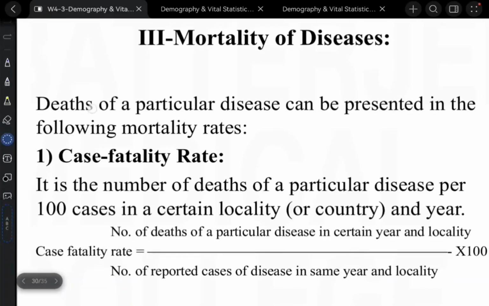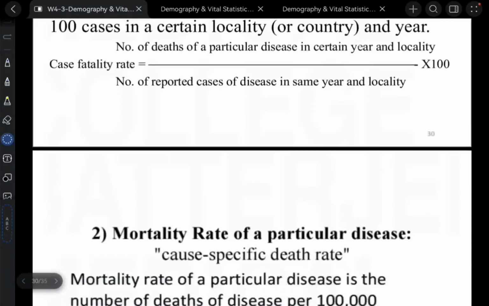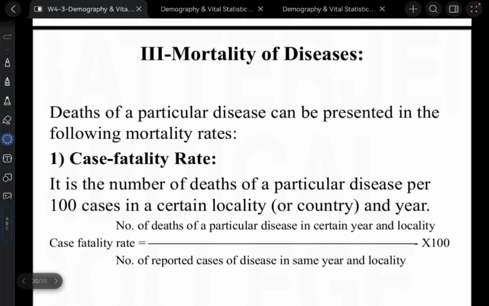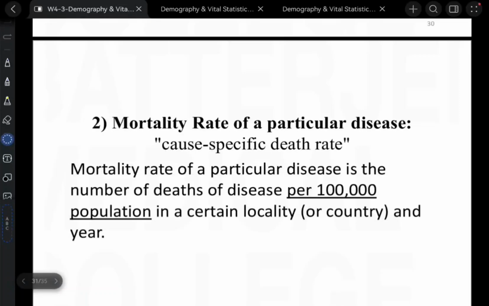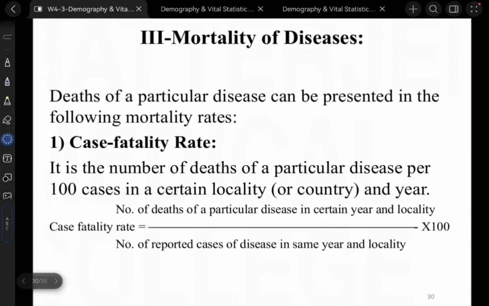Okay, now mortality of diseases. Here we have, what, three? Yes, three. Deaths of a particular disease can be represented in the following mortality rates. We have case fatality rate, mortality rate of a particular disease, and proportionate death rate. Let's start with the case fatality.